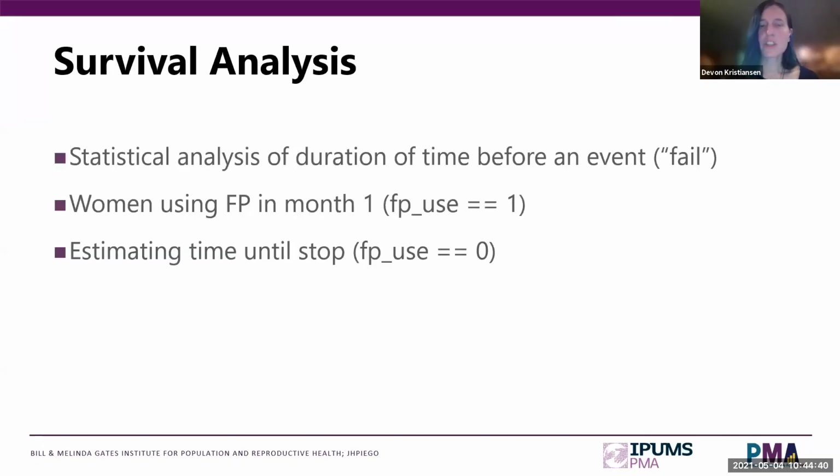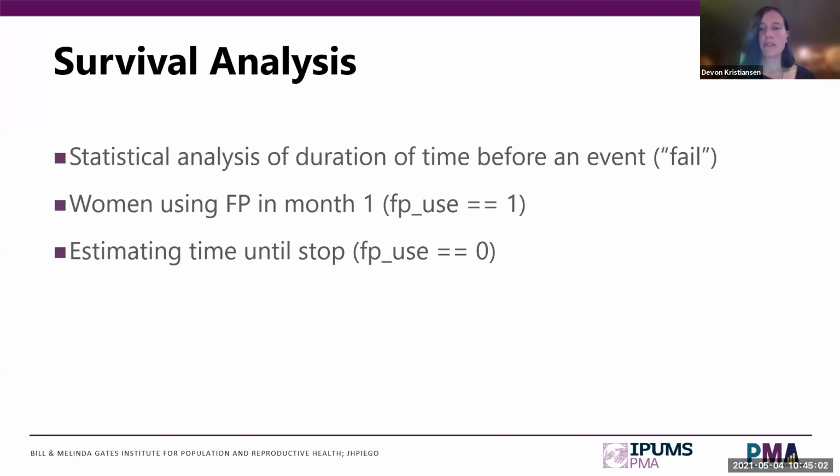So just in case we have a variety of disciplines or statistical experience, maybe I should just take a step back and talk a bit about what we mean by survival analysis. So we're talking about a statistical approach that analyzes the duration of time before an event occurs.